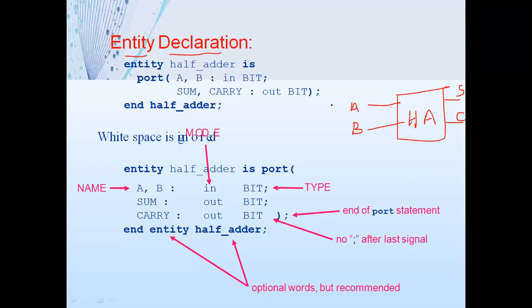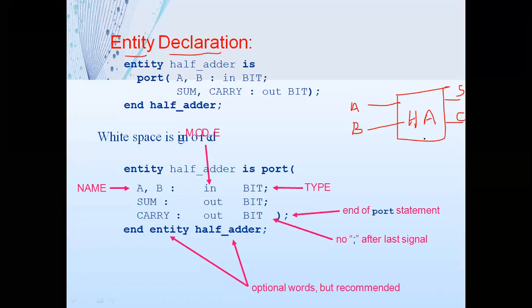So the entity here describes the input and output ports of a logic circuit. In this example, the logic circuit we have considered is the half adder circuit. We are not showing the half adder circuit itself here; we are just representing it with a block and specifying the input ports and output ports. This half adder logic circuit has 2 inputs and 2 outputs.